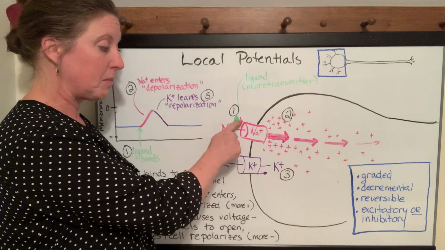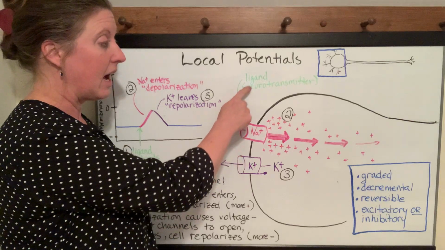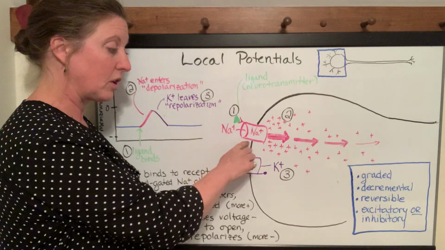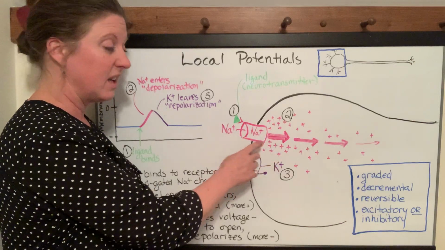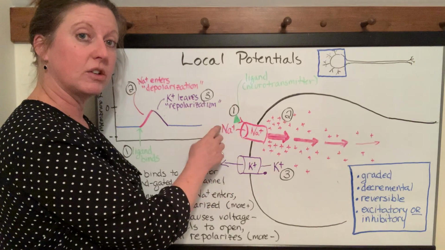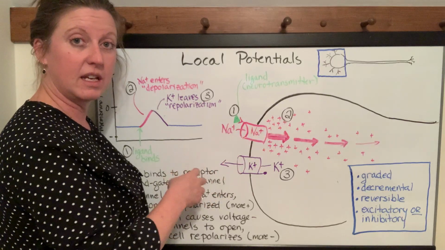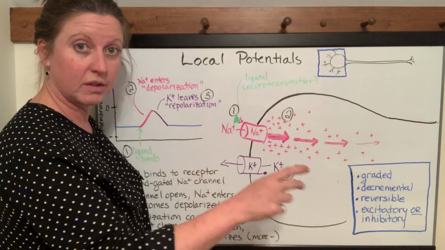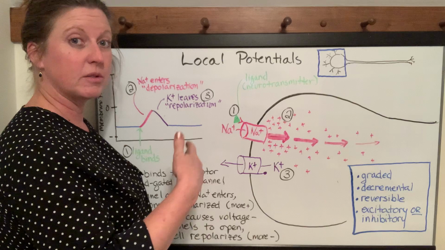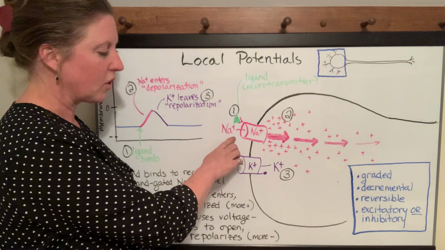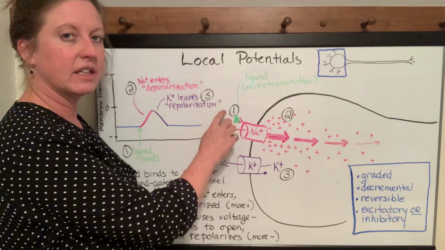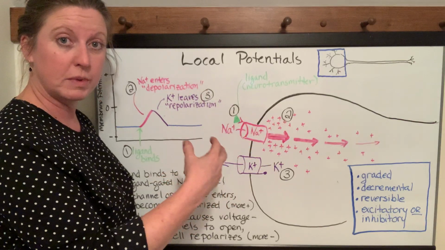So the receptor part of this channel binds the ligand, and that's what causes the channel to open and allow the sodium to go through. Now this is a lot like a key being used to open a door. The key isn't what's going through the door, the key just opens it and people walk through the door.